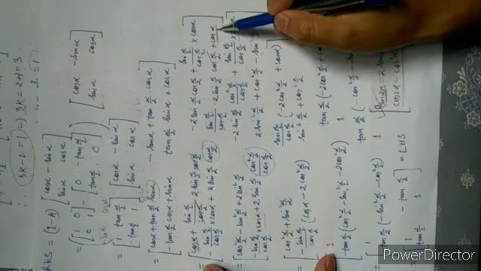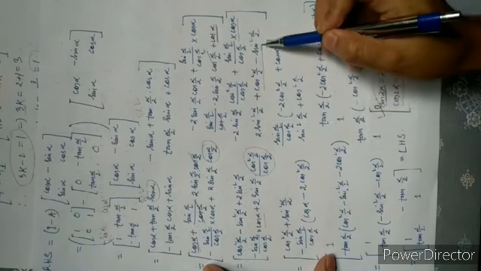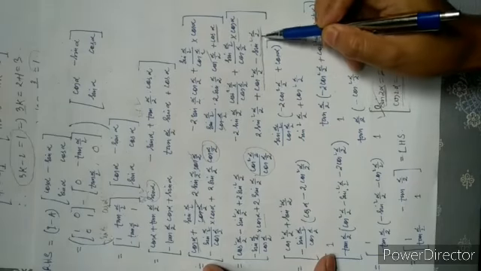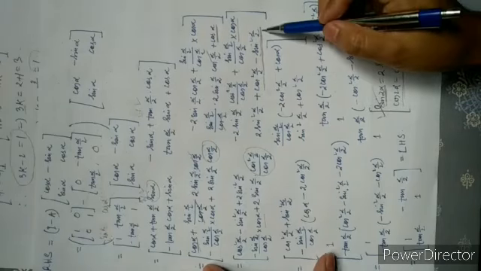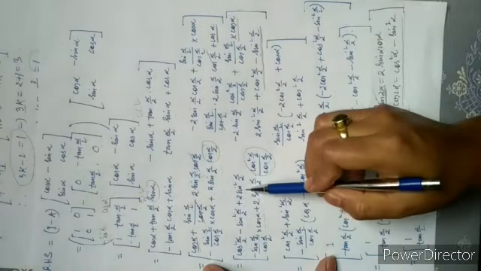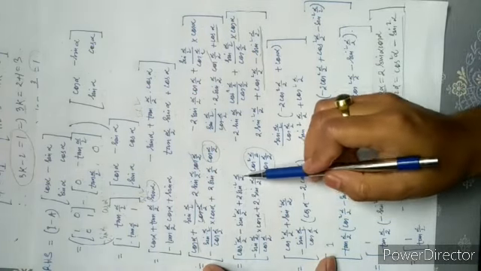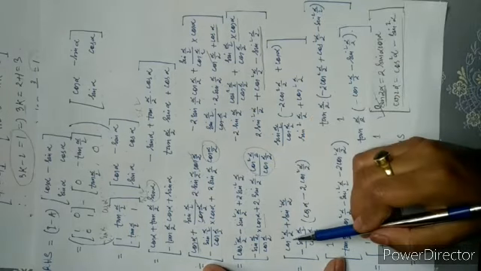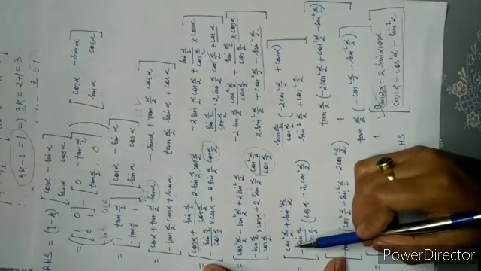Then express this cos alpha as cos square alpha by 2 minus sine square alpha by 2, so I express it as minus sine square alpha by 2 plus 2 times sine square alpha by 2, which is equal to sine square alpha by 2, using the identity.